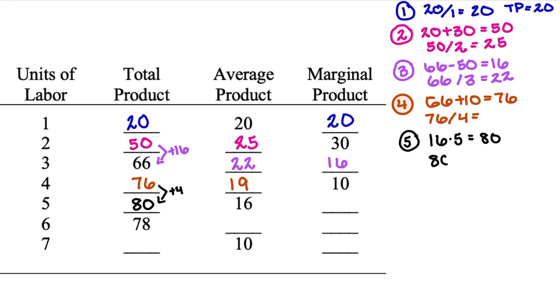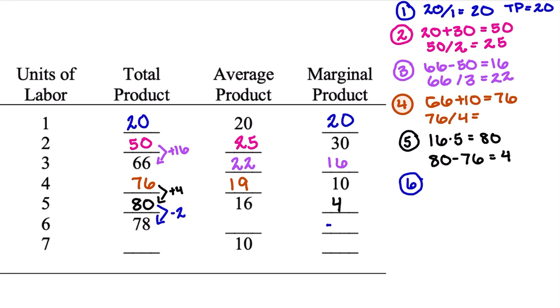So 80 minus 76 equals 4. So for worker number 6, we know that we went from 80 to 78, so we went down 2. So our marginal is, oh, whoops. Sorry, guys. This one was 4.